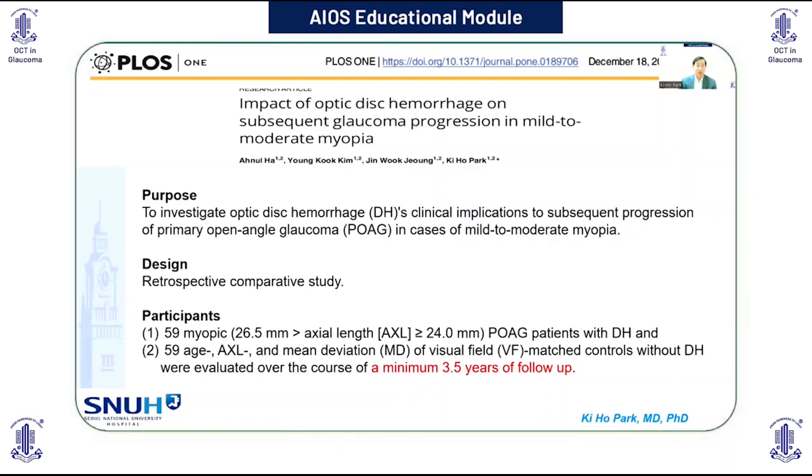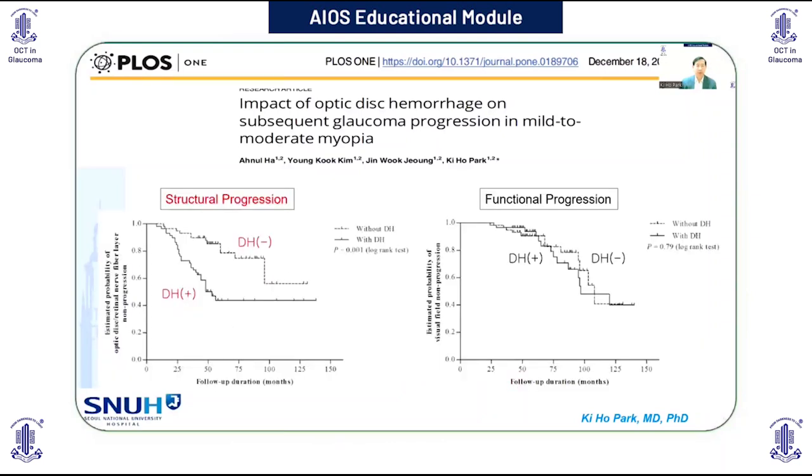So we investigated in myopic eyes whether the disc hemorrhage is useful to detect subsequent glaucoma progression.